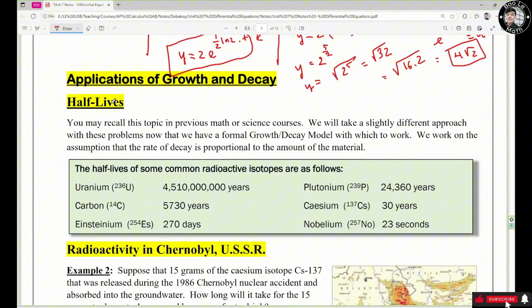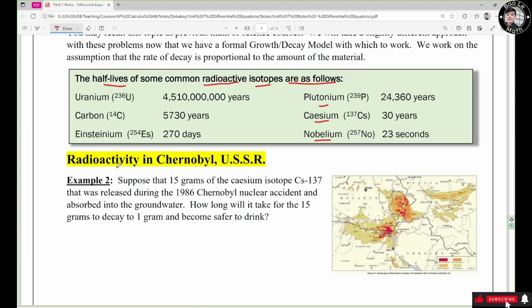Now let's move on to the next one, application of growth and decay. Half-lives. The half-lives of some common radioactive isotopes are as follows: uranium, carbon, arsenic, plutonium, cesium, nobelium. Activity in Chernobyl, USSR. Example number 2.